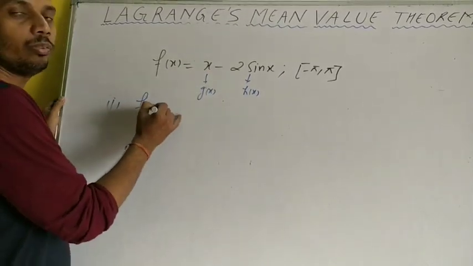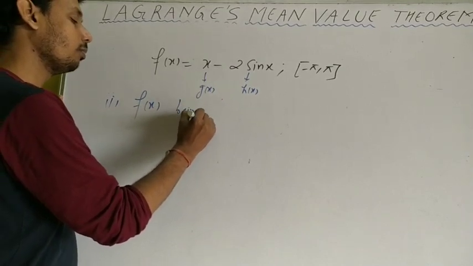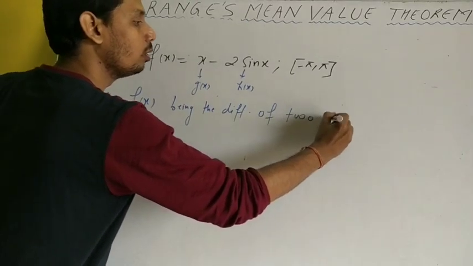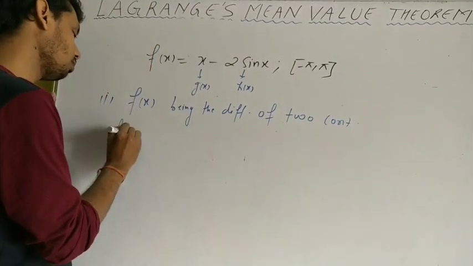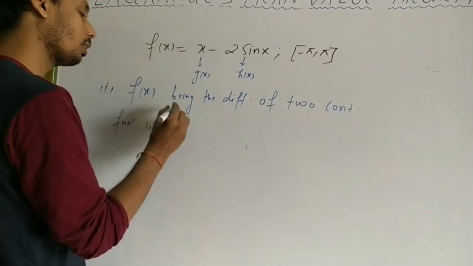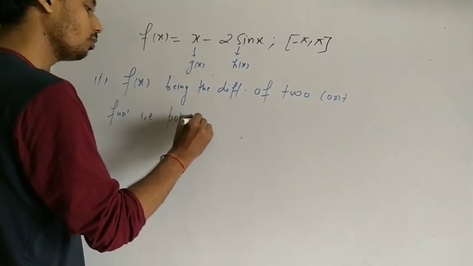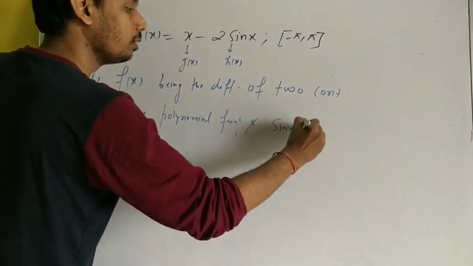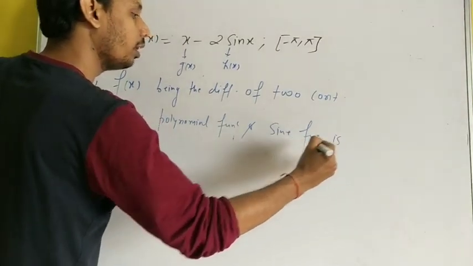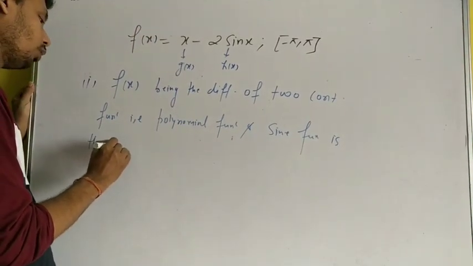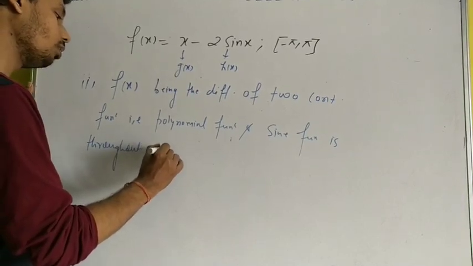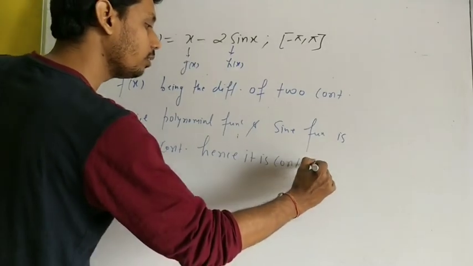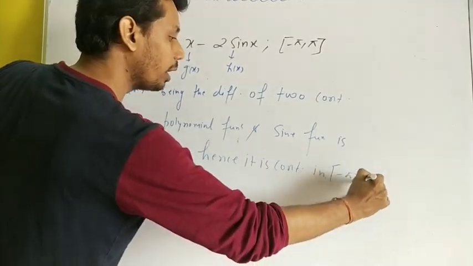So here f(x), being the difference of two continuous functions, that is a polynomial function and a sine function, is throughout continuous, hence it is continuous in the closed interval minus pi to plus pi.